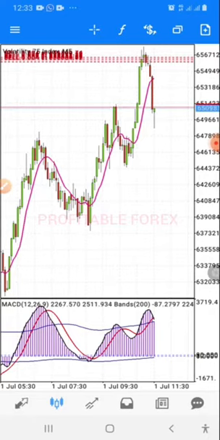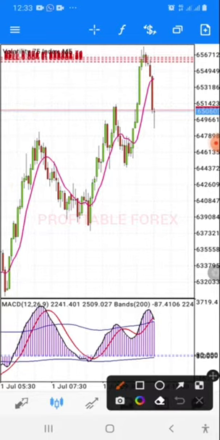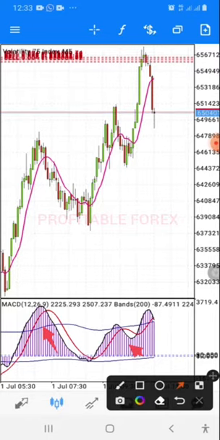So what are the things I looked out for? On my indicator window, I looked out for the MACD. This wavy line is your MACD.